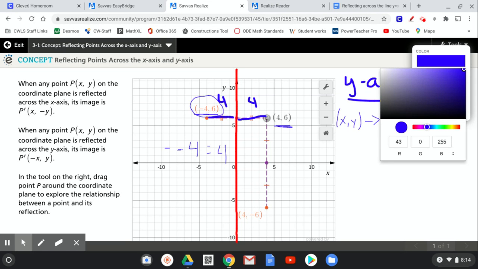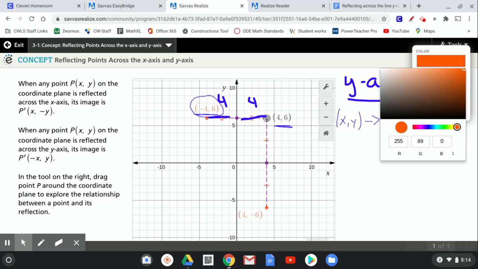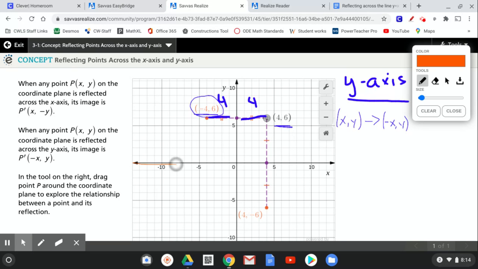Next is if we reflect over the x-axis. This time we're changing it up a little bit. We're going to reflect over the x-axis, which is right here. There's our x-axis. We are starting off with 4, 6 again, and then we reflect it.